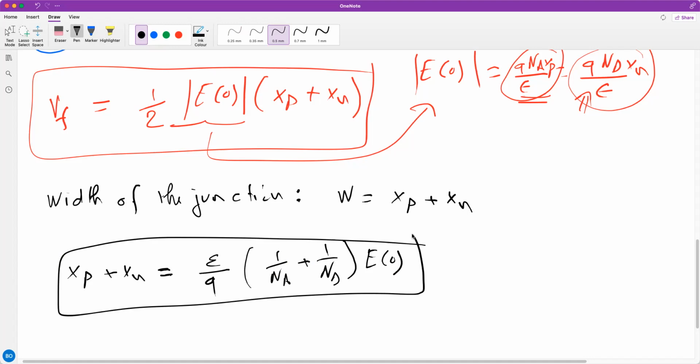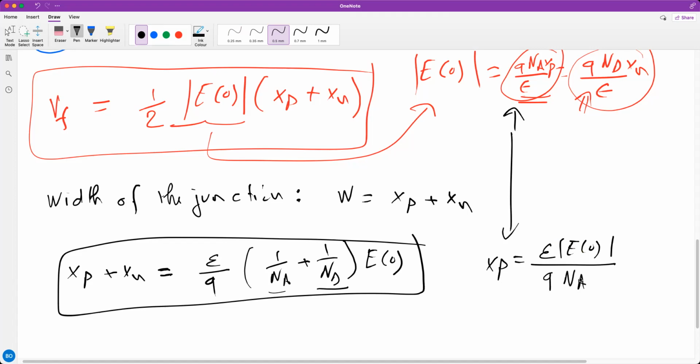Any question? Do you know how we got this? Think about it. Well, you have everything, in fact. From this equation, xp is equal to epsilon times the absolute value of E0, divided by qNA.